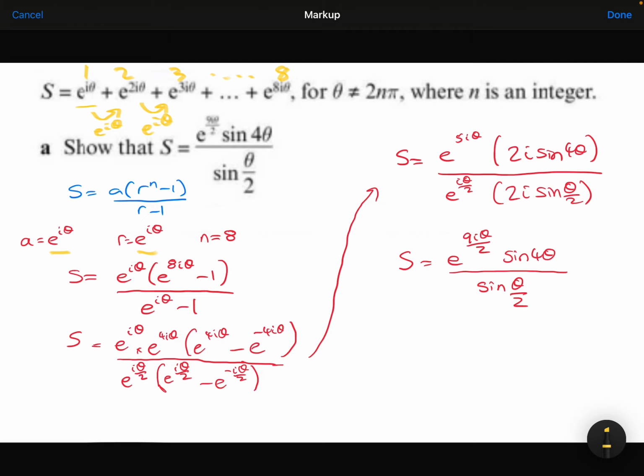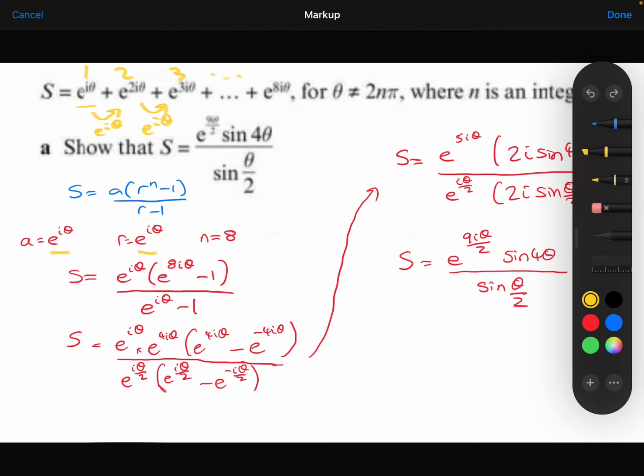So if I plug these values into the sum formula, I have substituted the a in here, and the r in here, and the n in here, and that's given me this result. Then I've used that trick that I just mentioned to rewrite both the e to the 8i theta minus 1 and the e to the i theta minus 1.